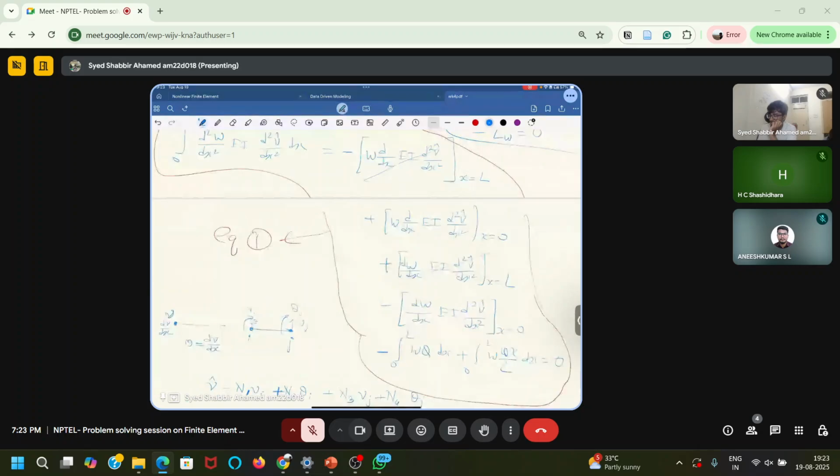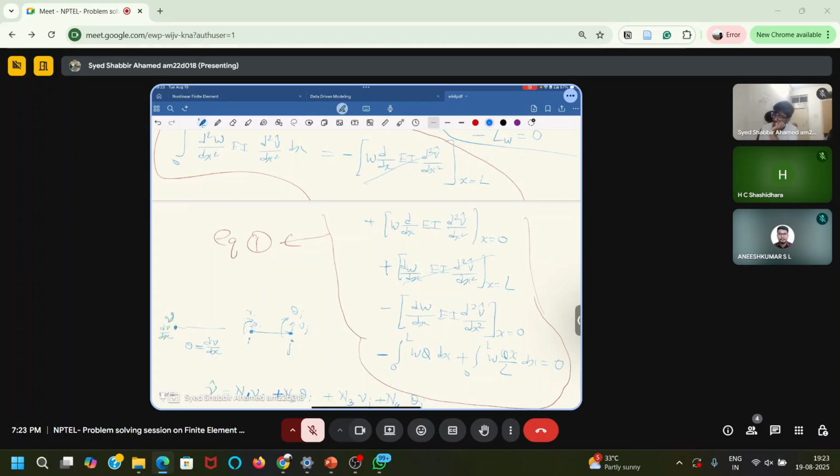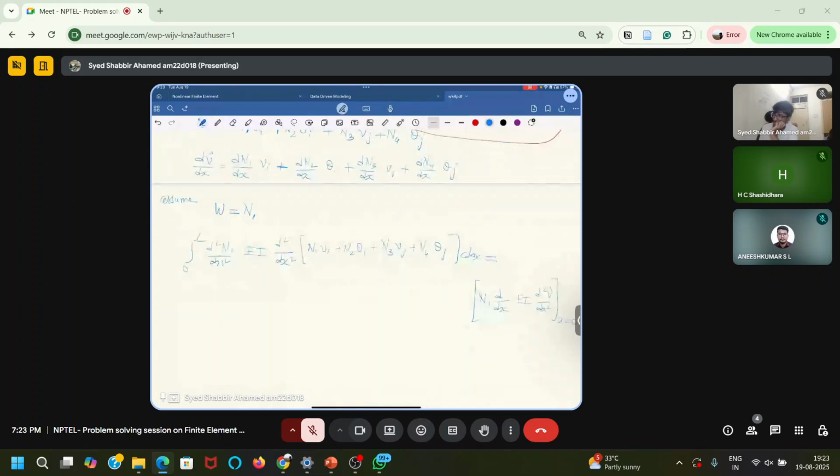Plus integral 0 to L N1 q dx minus integral 0 to L N1 q into x by L dx.